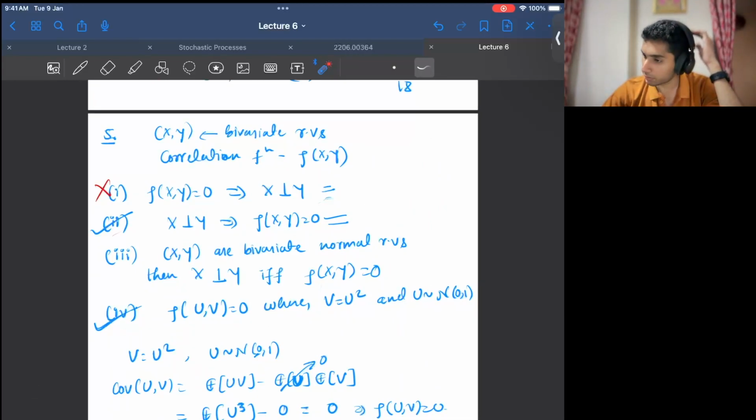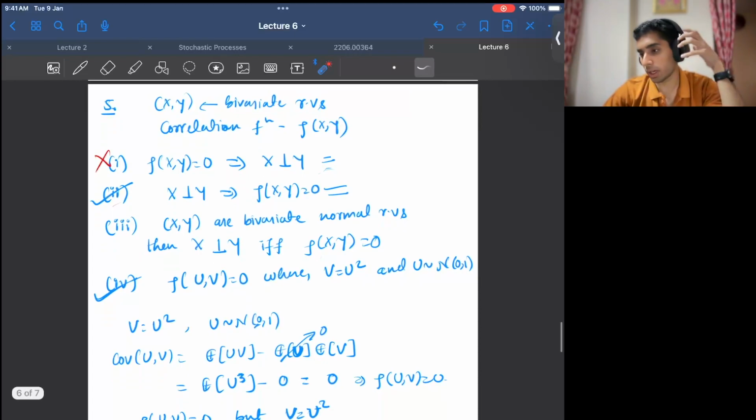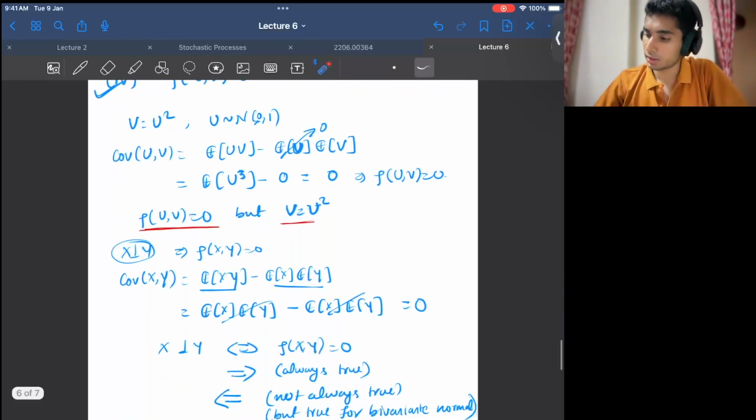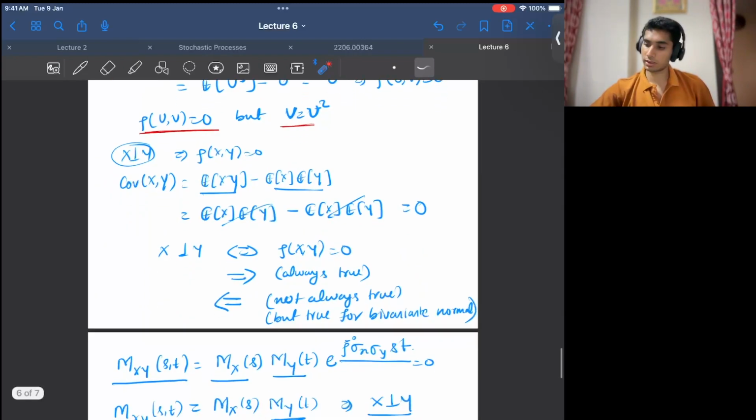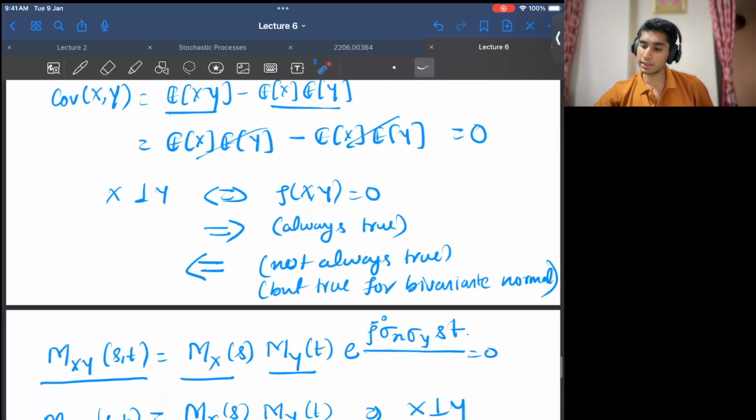Okay, fine. I won't go into the whole depth, but I will just give you the gist of it. The question is basically asking what is the relation between independence and uncorrelatedness.